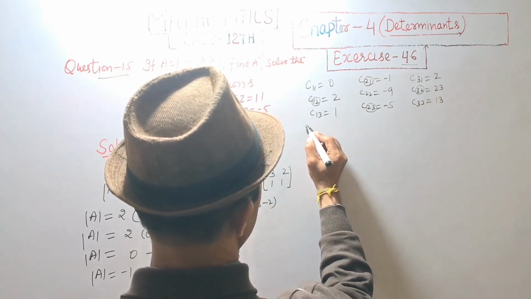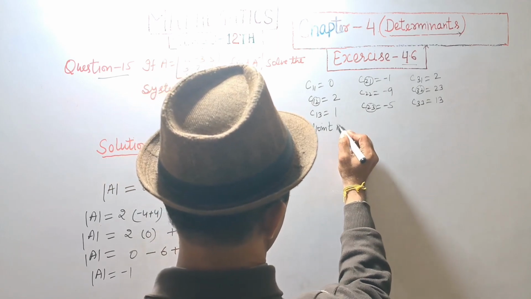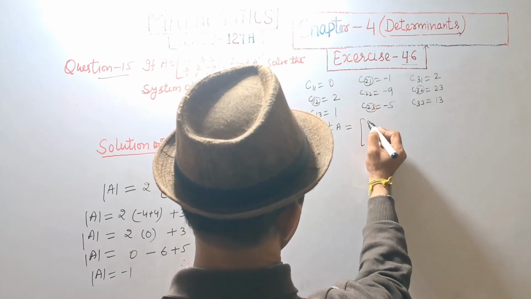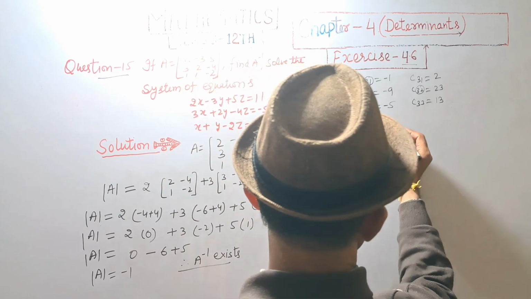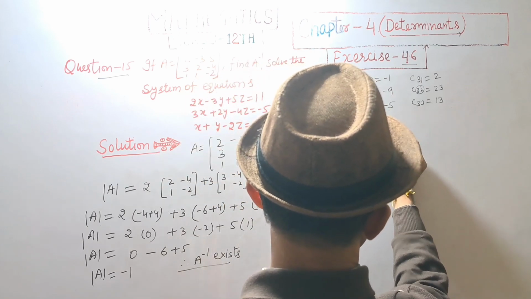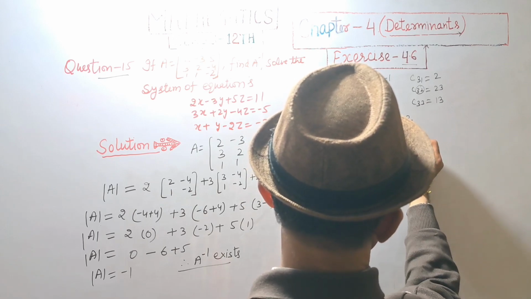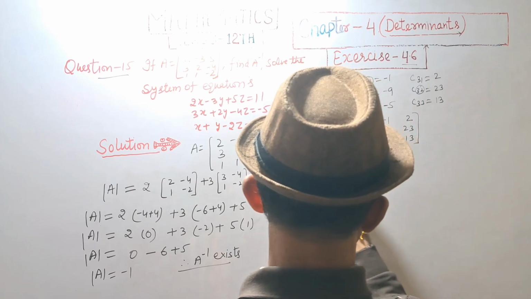Adjoint A is equal to the matrix with rows 0, 2, 1; -1, -9, -5; 2, 23, 13.